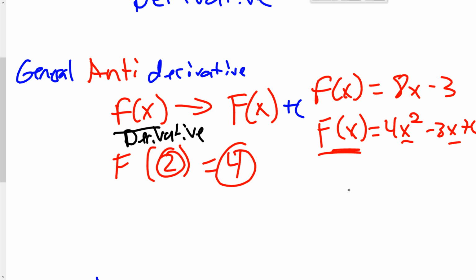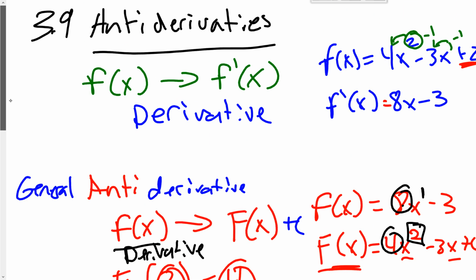And instead of subtracting 1 from the exponent, we're going to be adding 1 to the exponent. On our original, this is an exponent of 1. It becomes an exponent of 2. And how do I go from 8 to 4? By dividing. What do I have to divide 8 by? We have to divide by 2, and you can see that 2 is right here as an exponent. So just like we multiply by our exponent in front, we're going to divide by our exponent.